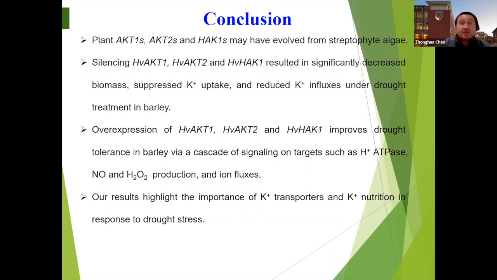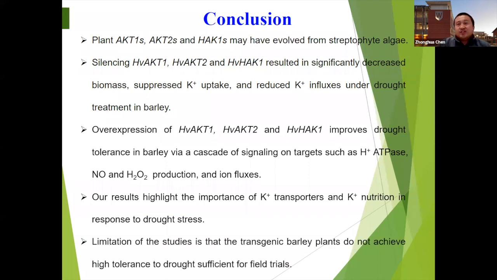Our results highlight the importance of potassium transporters and potassium nutrition in response to drought stress. However, there's a limitation. As I mentioned earlier in some of the slides, those transgenic barley plants do not achieve as high tolerance as we expected. They are good. We can see some improvement, but they are not good enough for field trials.